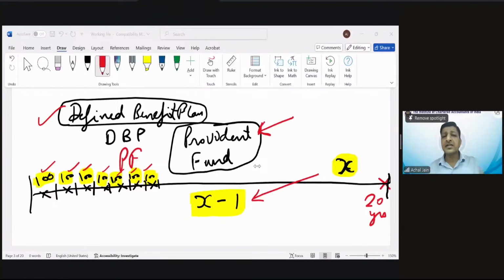We discussed the concept that if there is any unavailed leave and if that is expected to be availed, then it should be recorded. Yes or no? Yes. And that is why we recorded 1.5 days of leaves instead of 2. Remember that example? Yes.